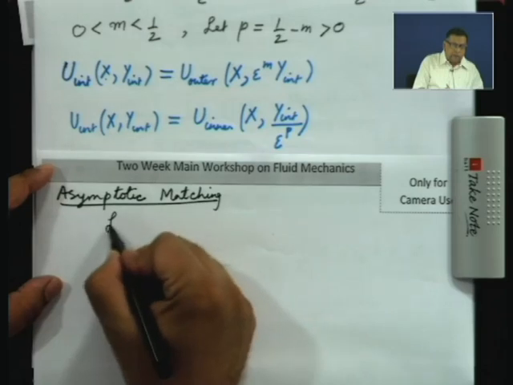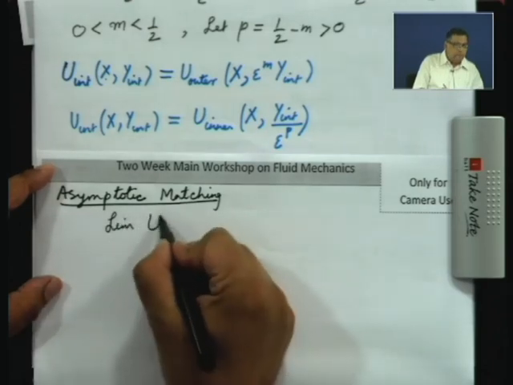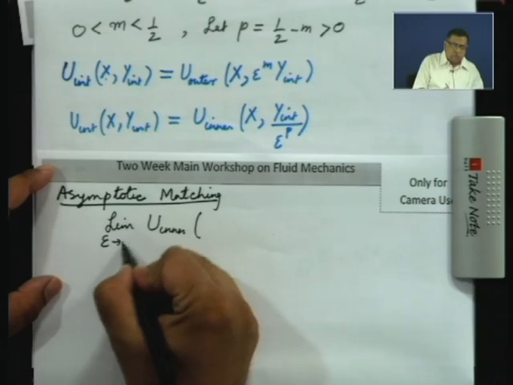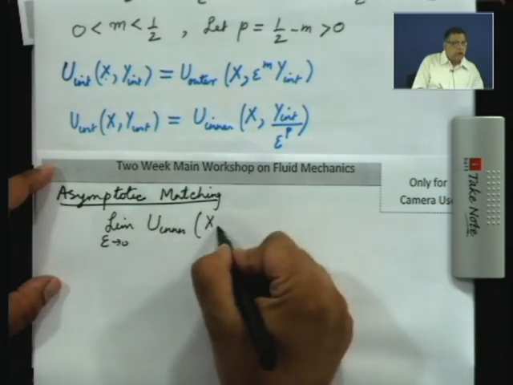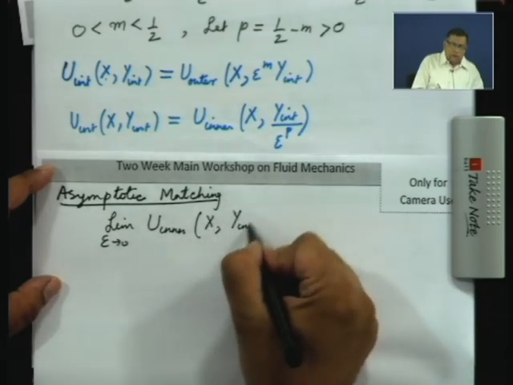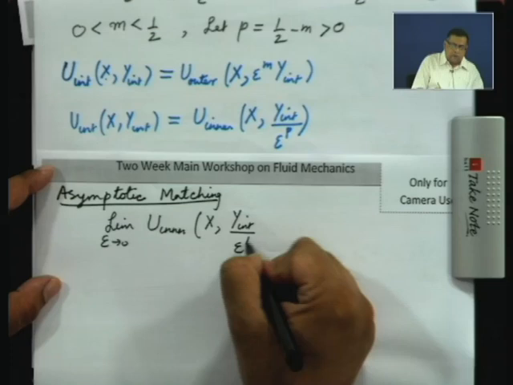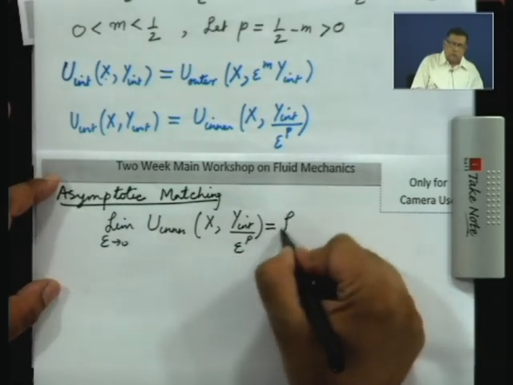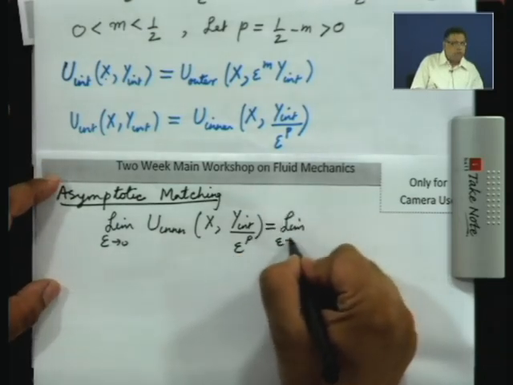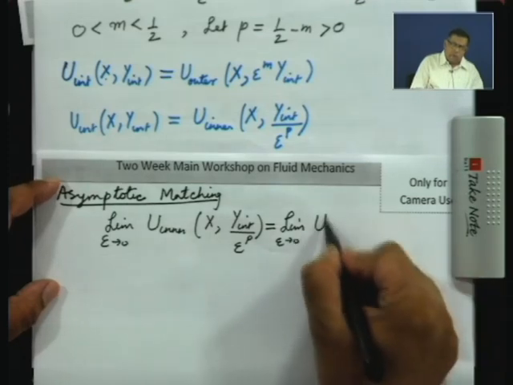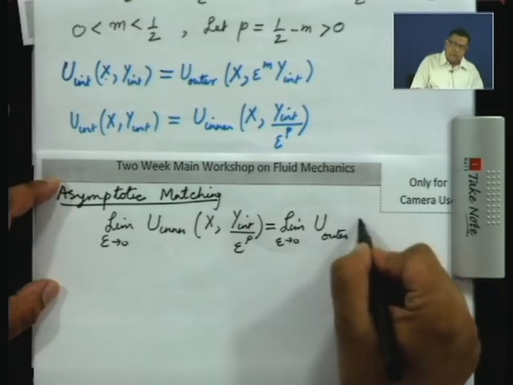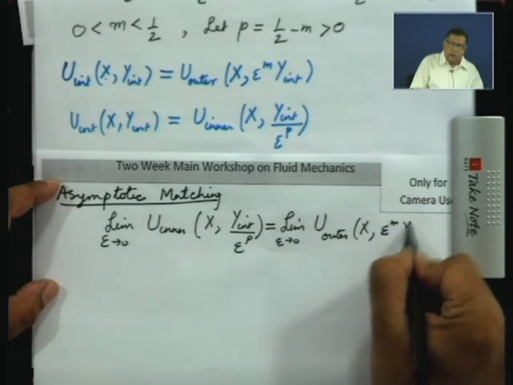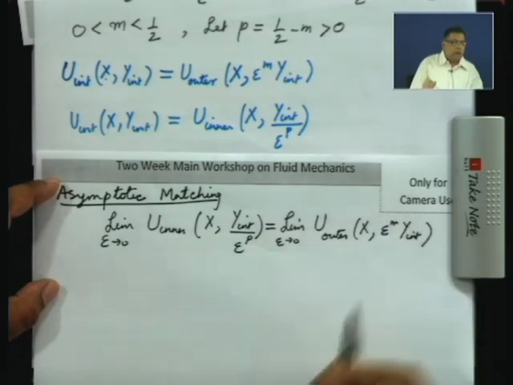We will take the limit of u inner as epsilon goes to 0 of this function, x comma y intermediate by epsilon to the power p, and set it equal to the limit as epsilon goes to 0 of u outer of x comma epsilon to the power m y intermediate.